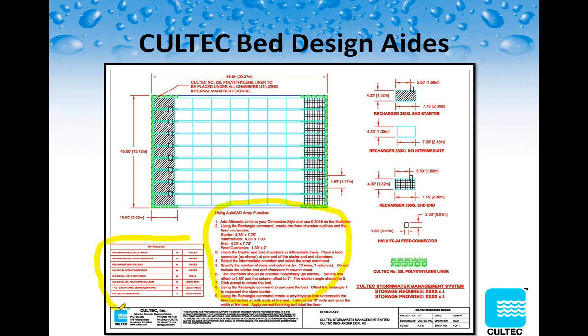You can fill in your materials list. Here's all the correct piece sizes that you can either use this sample bed and manipulate the sample bed, or you can take these bed blocks and create your own system using that, or add or take away pieces as needed.